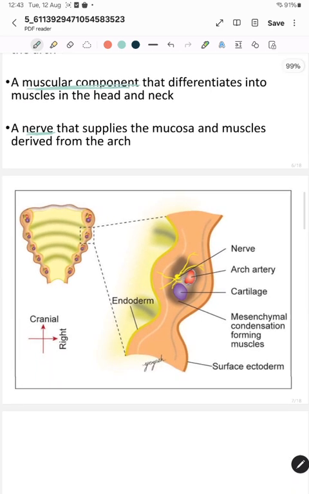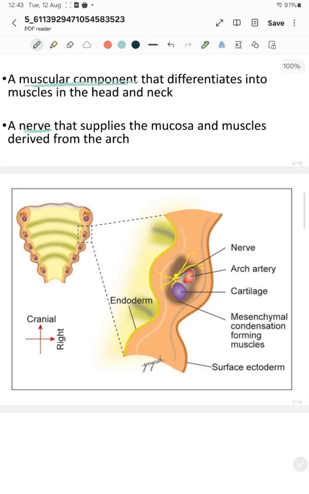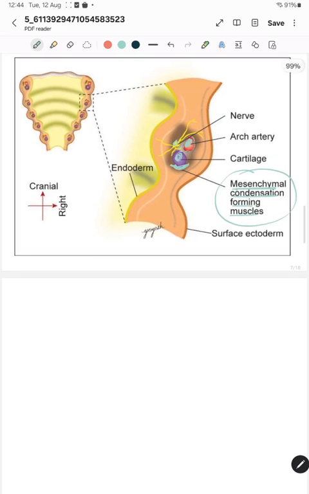Every arch has its own artery, nerve, cartilage, muscular component, and bones that develop from cartilages. This is an artery, this is cartilage, this is nerve, and we can see this mesenchymal condensation forming muscles.